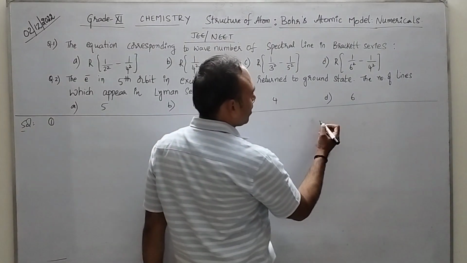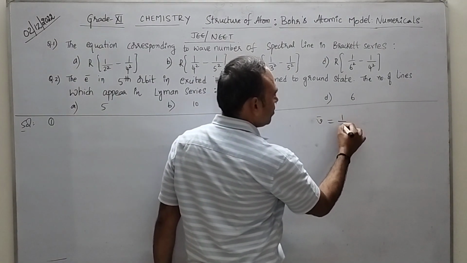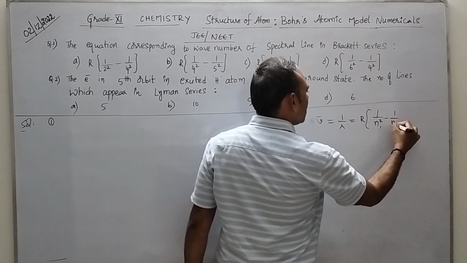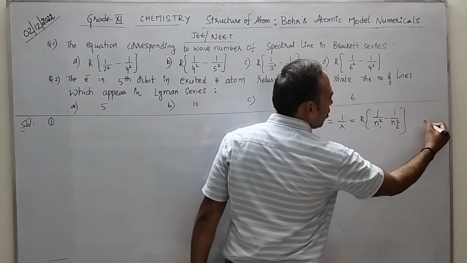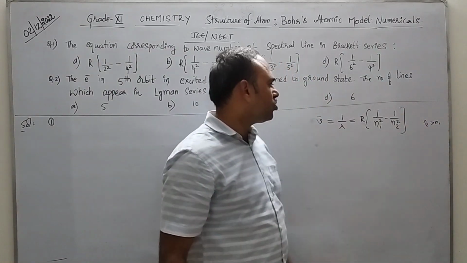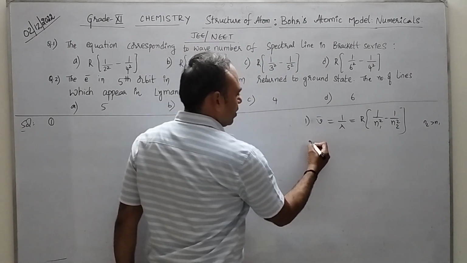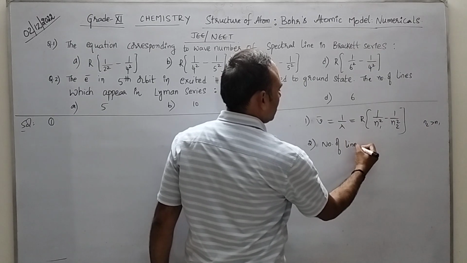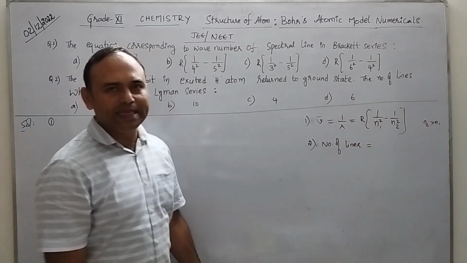First one, the wave number is equal to 1 by lambda is equal to R into 1 by n1 square minus 1 by n2 square, where n2 is always greater than n1. That means this is from and this is to. It is the first formula. Second one, in any spectrum, how to calculate the number of lines?